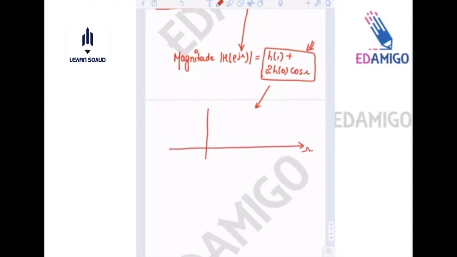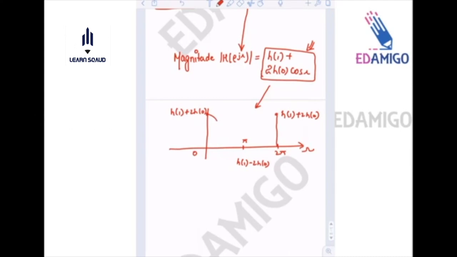Okay, will be an even function, and if I plot this, then the plot on the sigma axis going from 0 to 2π will be H1 plus 2H0, and at 2π also this will be H1 plus 2H0. At π it will be H1 minus 2H0.